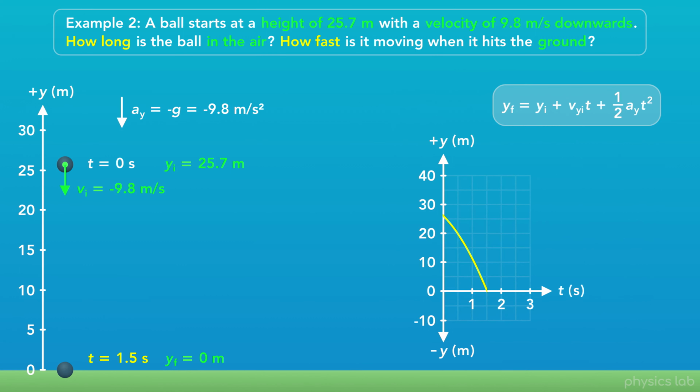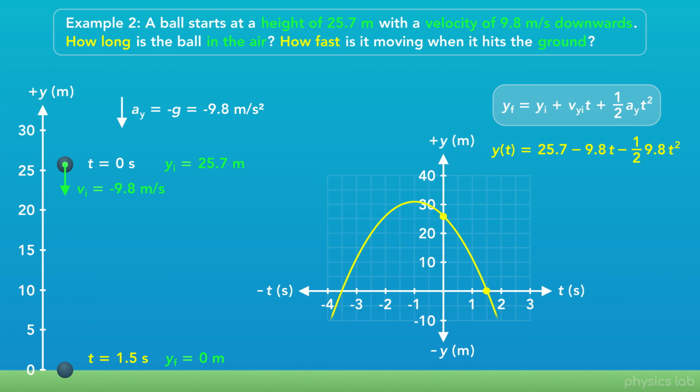Let's look at a graph of the y position versus time. It starts at 25.7 meters, and the y position equals 0 at 1.5 seconds. But this graph, and the projectile motion of the ball, is described using this equation. This equation and the graph aren't restricted to positive time values.